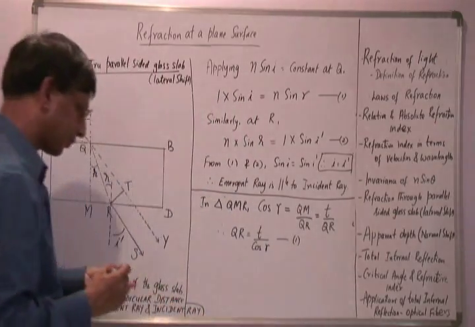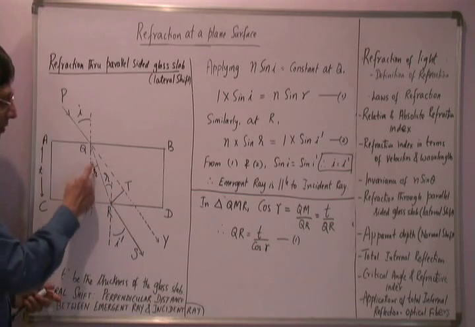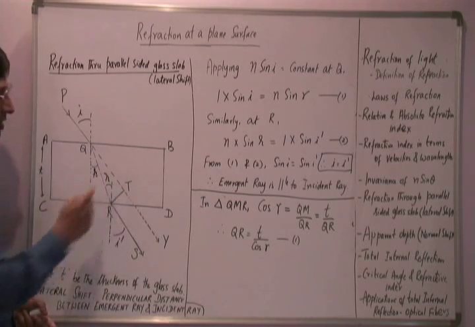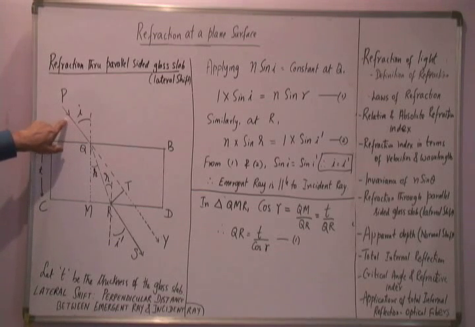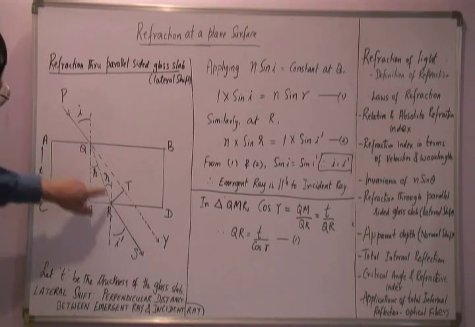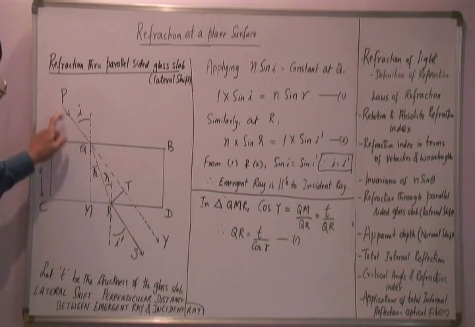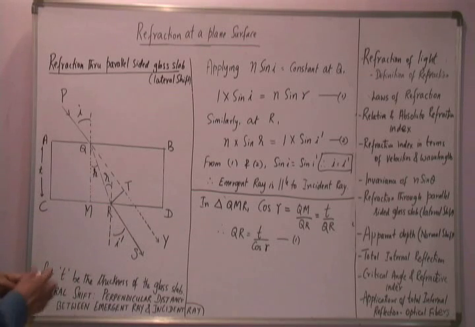This is equation 1. Now I know the value of QR, and I need to find the value of RT. Note that QRT is a right angle triangle, because RT is perpendicular to PQTY, and RS is parallel to TY.